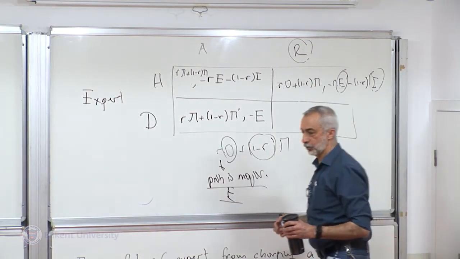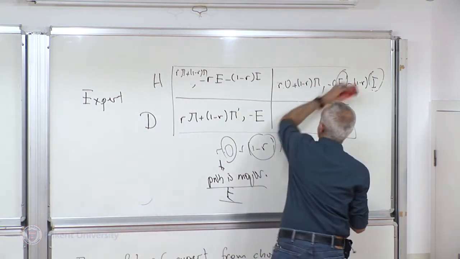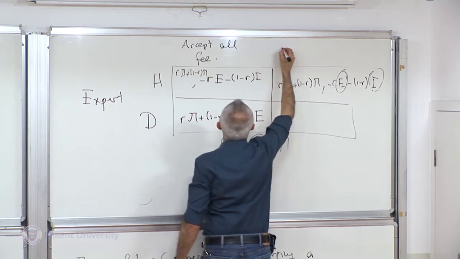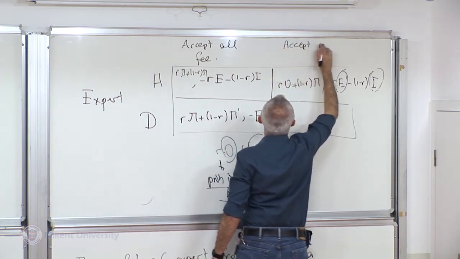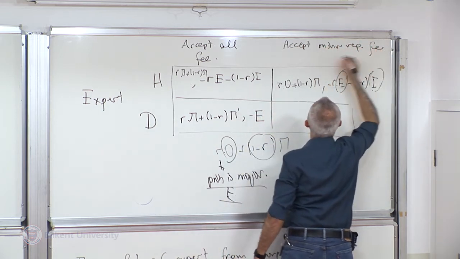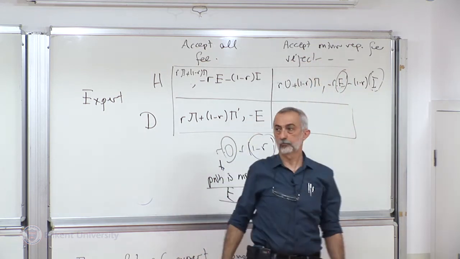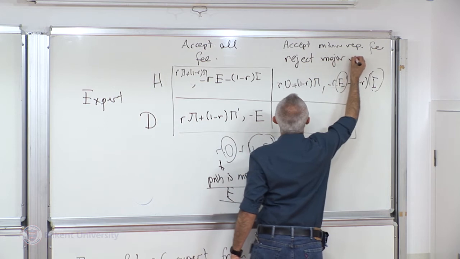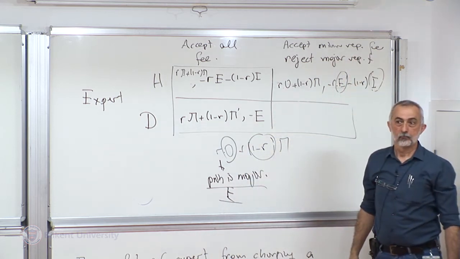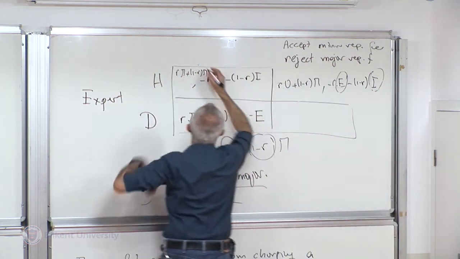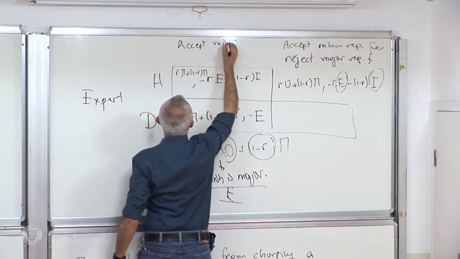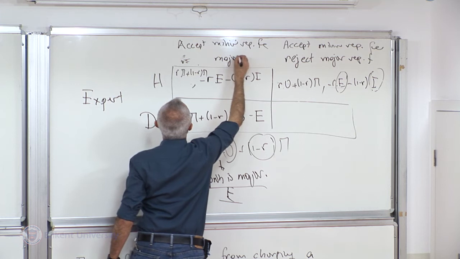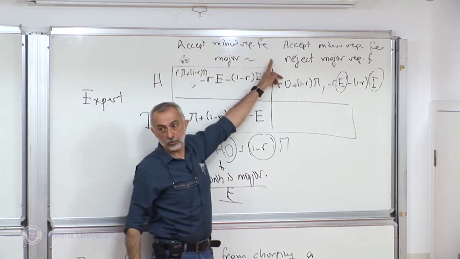So again, if I wanted to write it the long way: accept all fees except minor repair fee, reject major repair fee. Let me write this also: accept minor repair fee, accept major repair fee. Okay? So accept minor repair fee is here and also here.